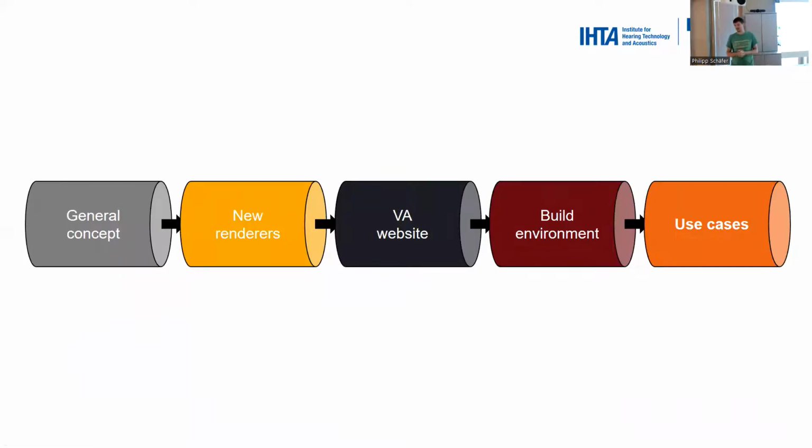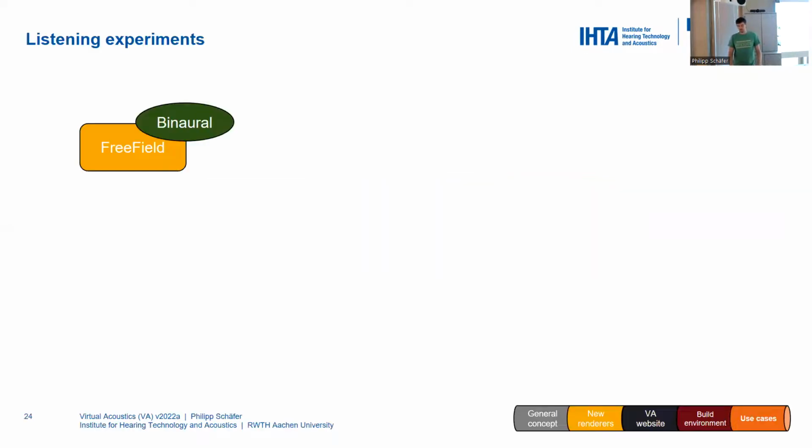So the final chapter is the other use cases, so everyone can get online again, all the users. So I want to give you a few examples of how you could configure VA to work with certain scenarios, starting with a simple setup which is often used for listening experiments, where we have a free field assumption and use binaural rendering.